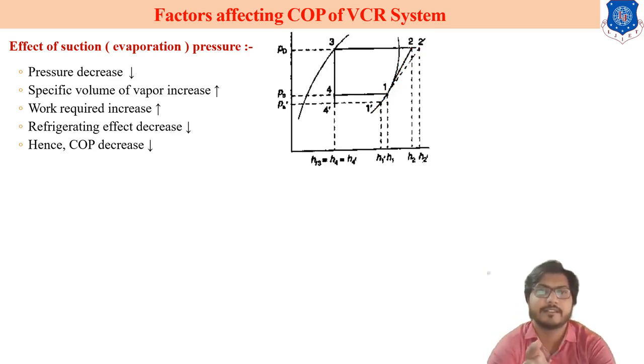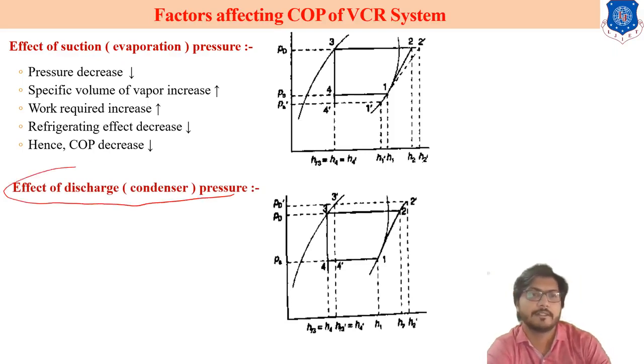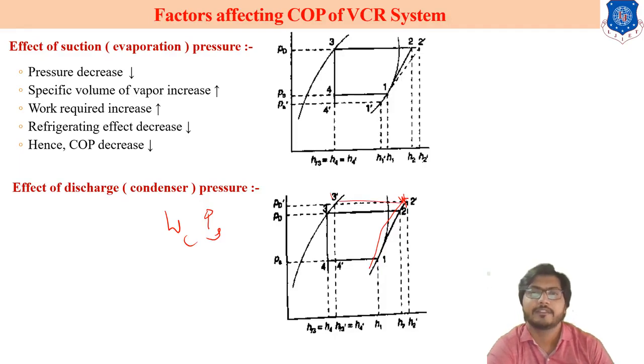Similarly, if it is reverse, suction pressure increases, so the conditions are reversed. Now, the same effect on discharge or condenser pressure. If discharge pressure increases, this is our PD, and this is our PD dash. What happens here? Point 2 is shifted here, so the work of the compressor increases, and point 4 lies here.